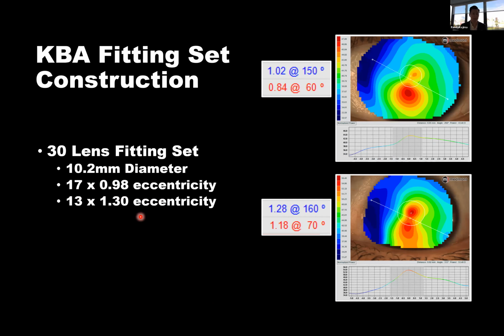The reason for that is you want the lower E value for the broader range of normal eccentricities, normal irregular corneas. And then when you're facing a really advanced cone, one that's changing very radically from the center to the periphery, then you want a range of high eccentricity lenses.